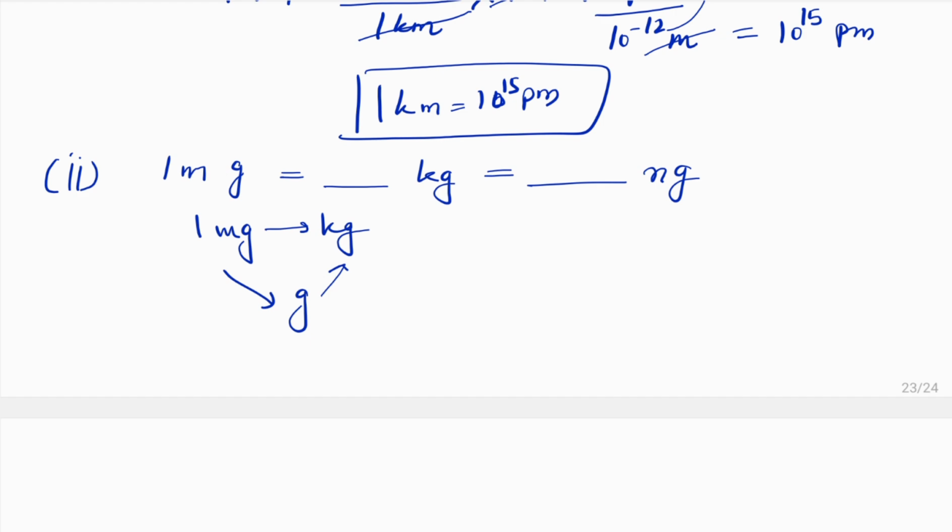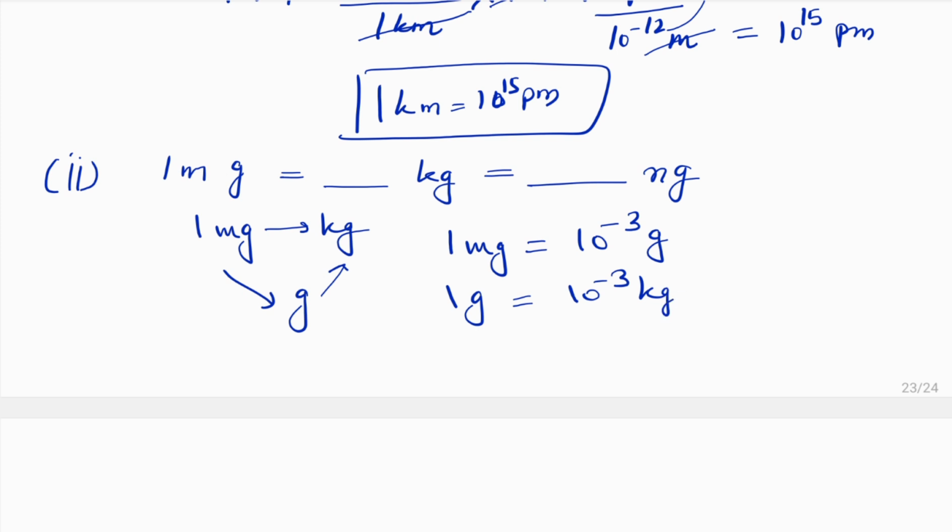All right, so let's take 1 milligram. 1 milligram is equal to 10 raised to power negative 3 grams. All right, and 1 gram is equal to 10 raised to power negative 3 kilogram.